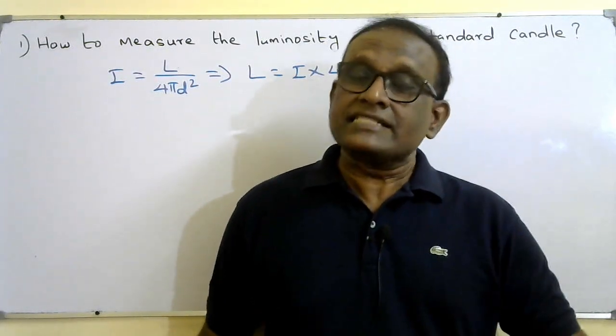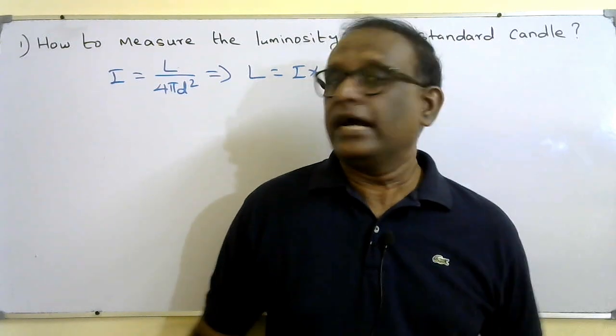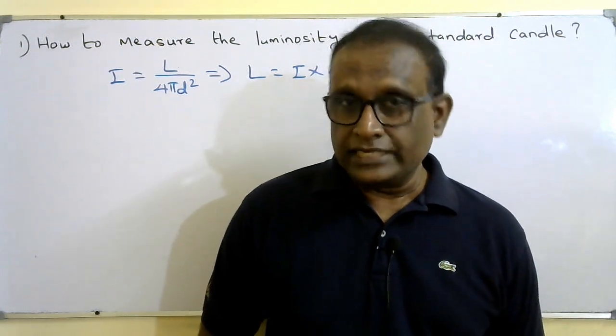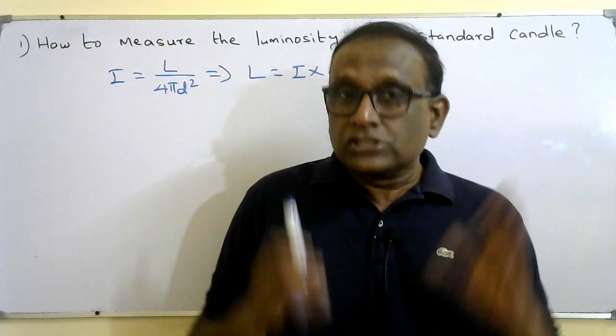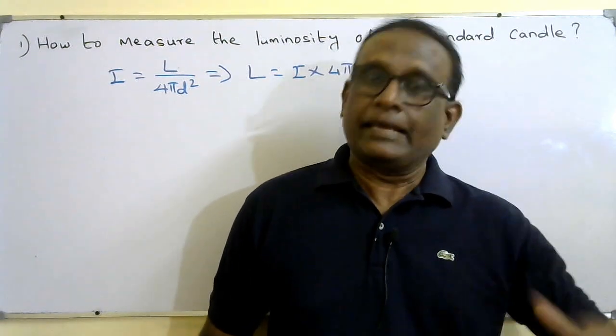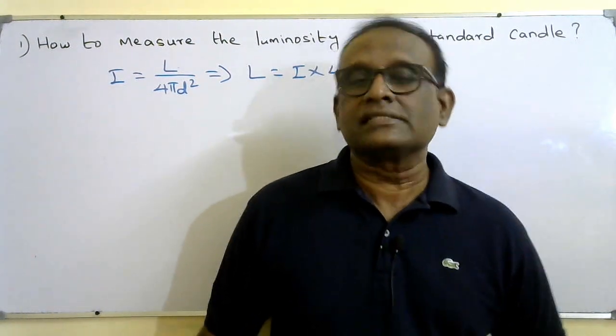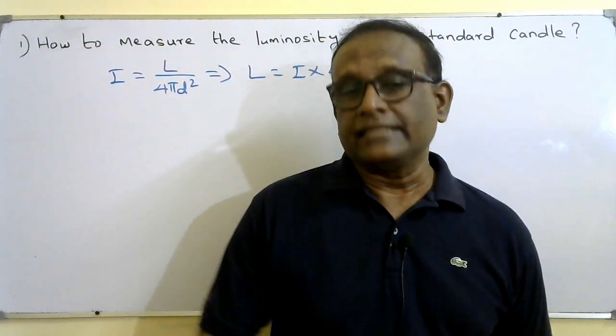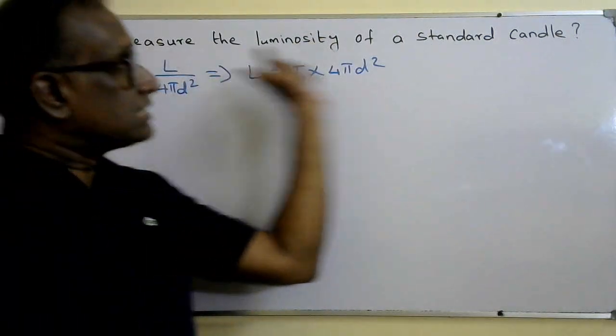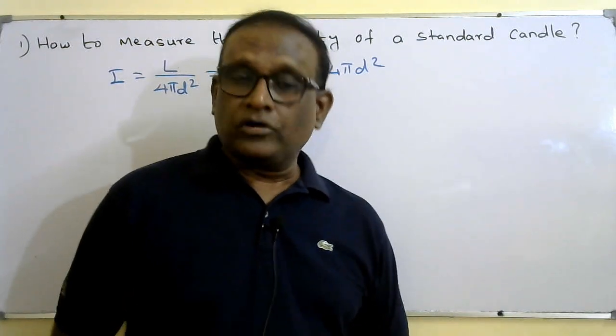But if the standard candle is beyond that, we can't measure its distance by using the trigonometric parallax method. In that situation, the method I am going to tell is not accurate, but we can explain it in the exam because the question is not specifically focusing on the type of standard candle.